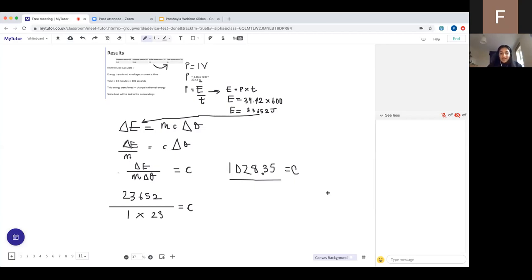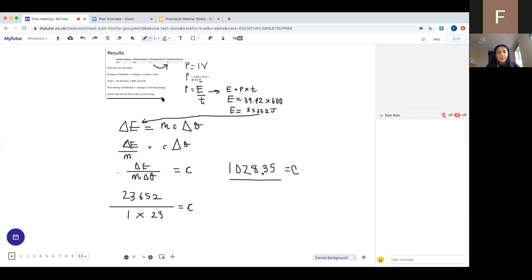We can't contain it so that it never leaves. So that's going to become a source of error in this experiment, which might change our results slightly and might end up giving us a specific heat capacity which is not the correct specific heat capacity of the block. So the source of error is that some heat will be lost to the surroundings.